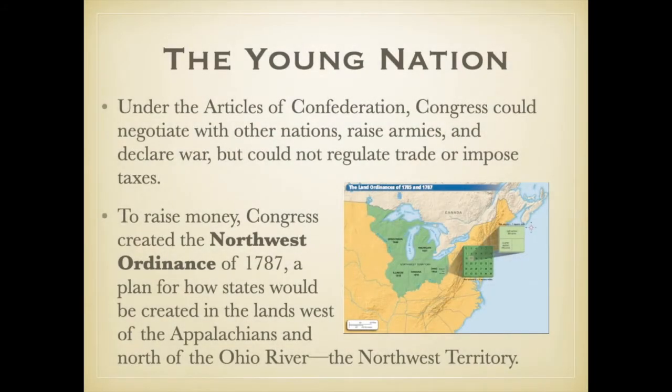Under the Articles of Confederation, Congress could negotiate with other nations, raise armies, and declare war, but could not regulate trade or impose taxes. To raise money, Congress created the Northwest Ordinance of 1787, a plan for how states would be created in the lands west of the Appalachians and north of the Ohio River, the Northwest Territory.